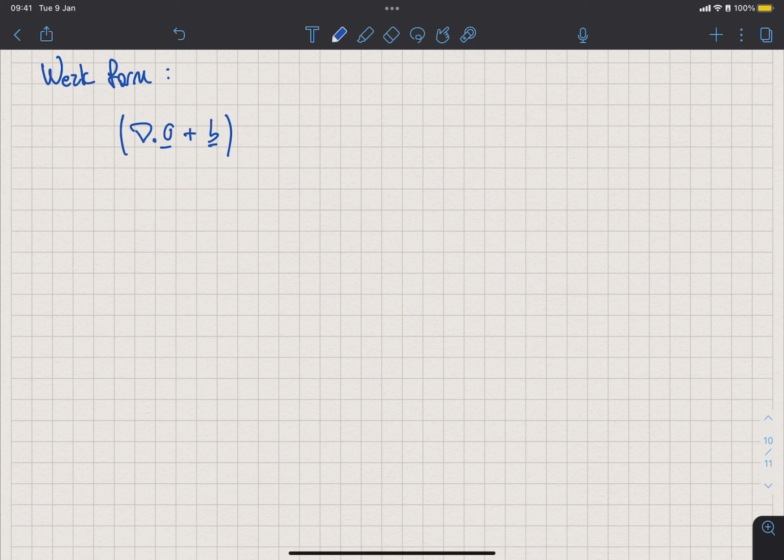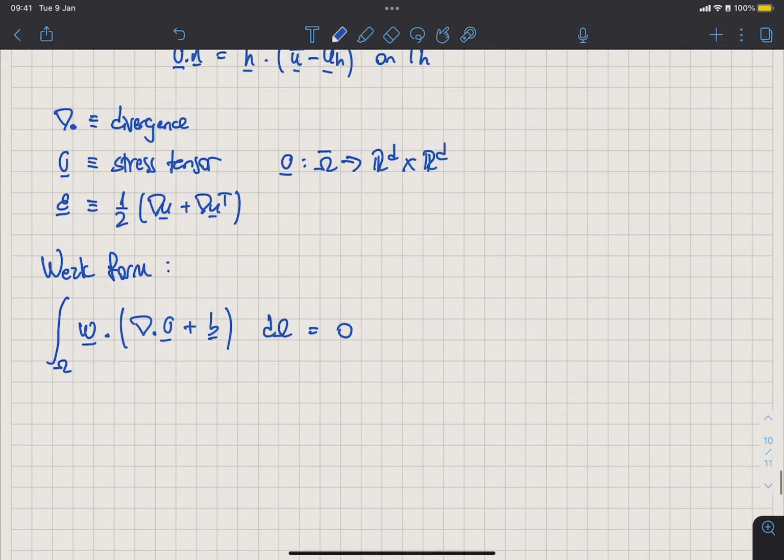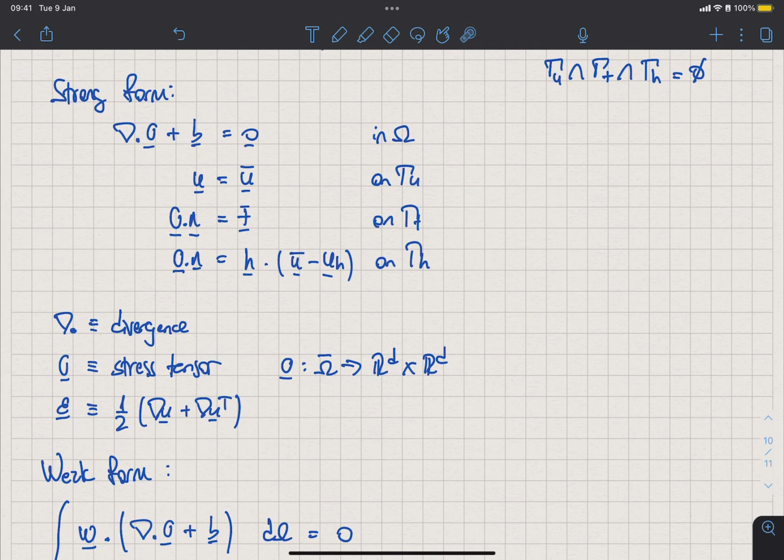In this case, we have a vector valued field, and therefore we need to weight this with a vector, so W is now a vector, and we take the dot product between these two. Then we integrate that over our entire domain, and we said that is going to be equal to 0. Notice that in the definition of the strong form, I'm using a 0 vector because I have 3 equations.